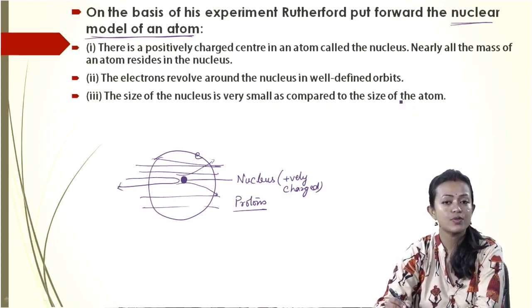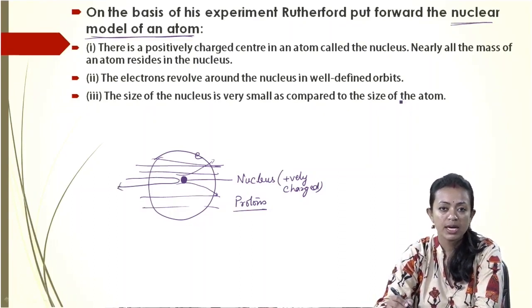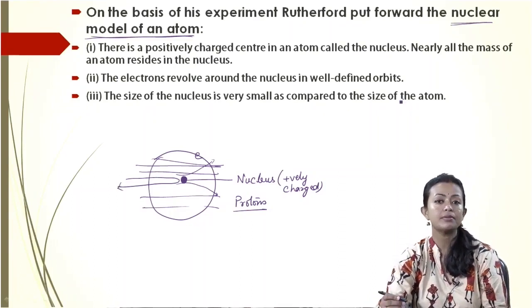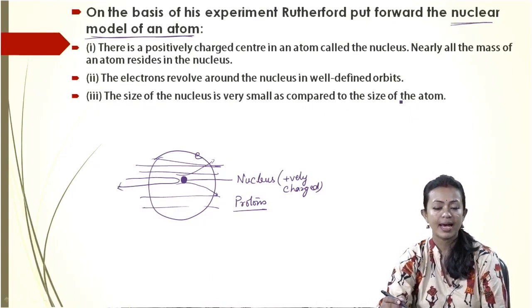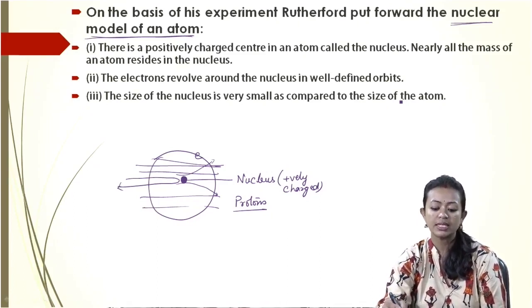So, because the size of the nucleus is very, very compact, it almost carries the entire mass of an atom. And the nucleus is positively charged, which contains all the protons, and the electrons are revolving in the orbits around the nucleus.